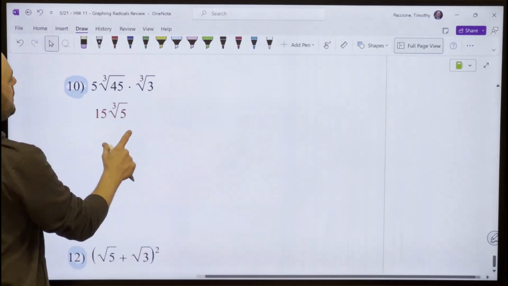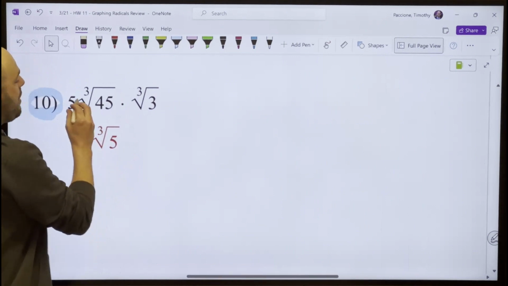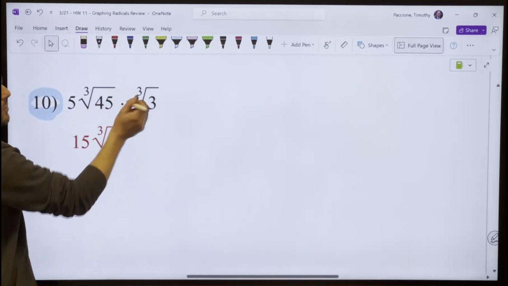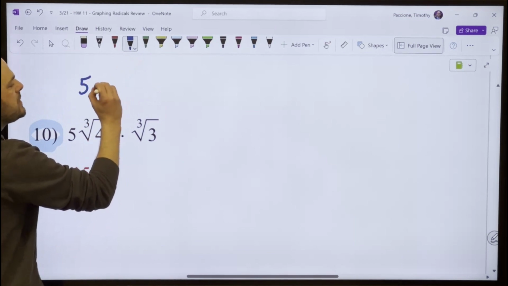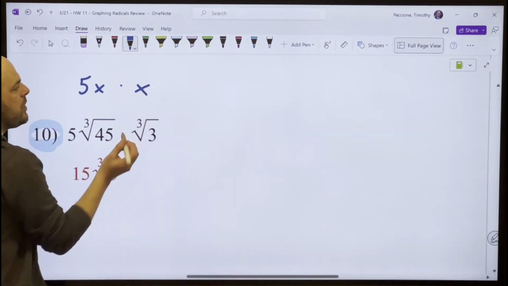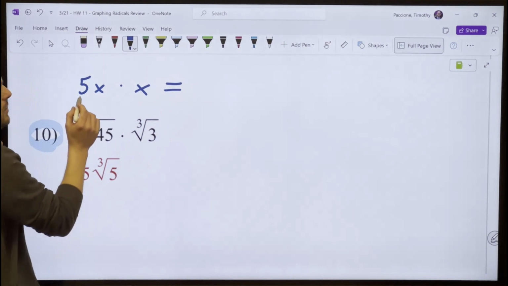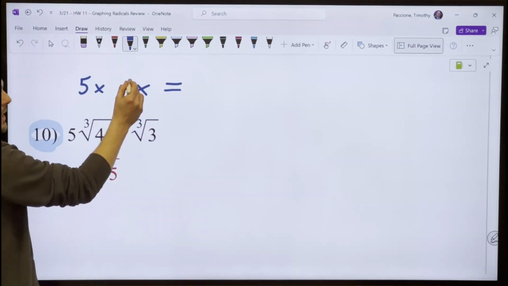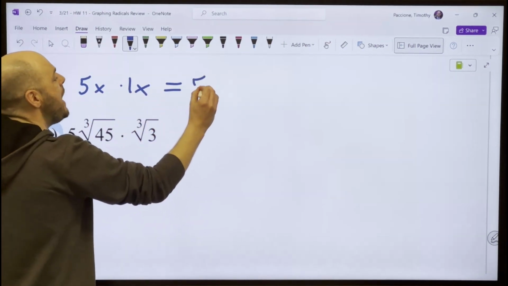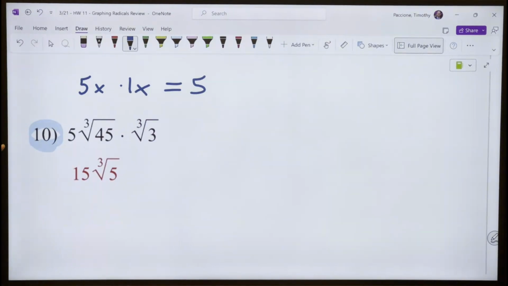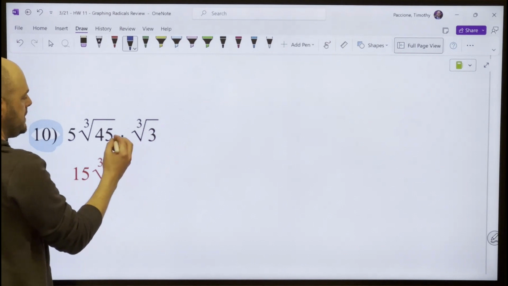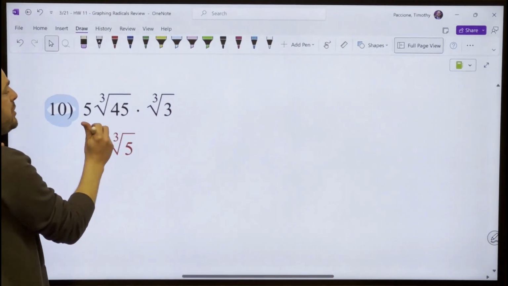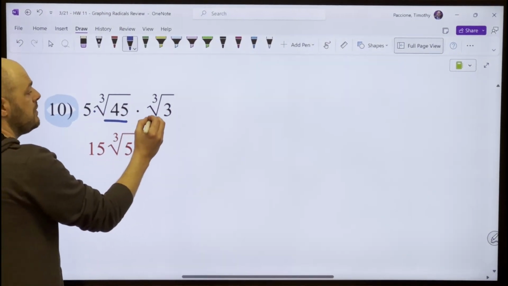Okay, first of all, you have 5 times a radical times a radical. If you had like 5x times x, right? Well, your answer would be, you think about the number 5 times 1, kind of, and then you'd figure out x times x, right? Same thing here, right? It's not a perfect analogy because x does behave differently than these things. But you have 5 times something and then something.